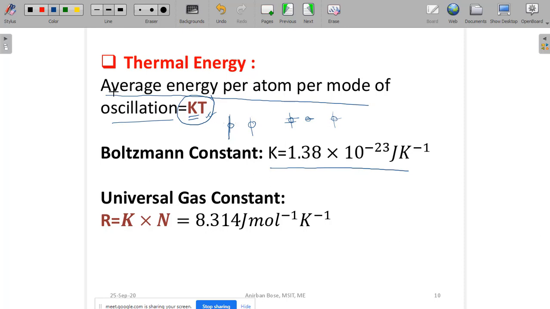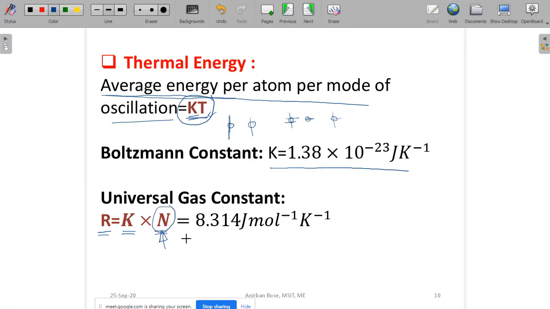So the average energy per atom is equal to kT. Here k is the Boltzmann constant and T is the temperature in Kelvin, and you can see the universal gas constant R is the Boltzmann constant multiplied by the Avogadro number. This N is nothing but the Avogadro number.